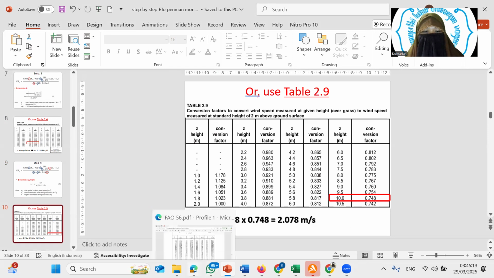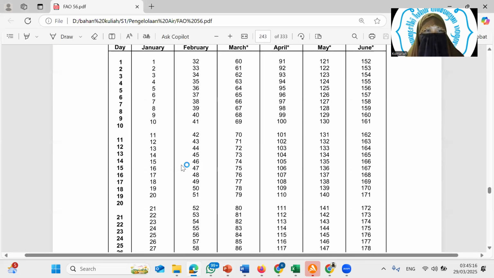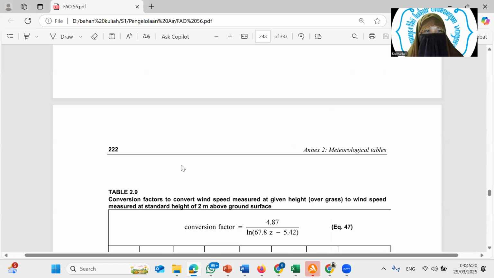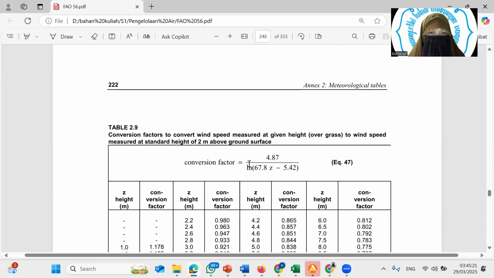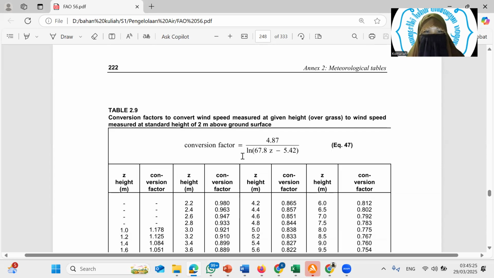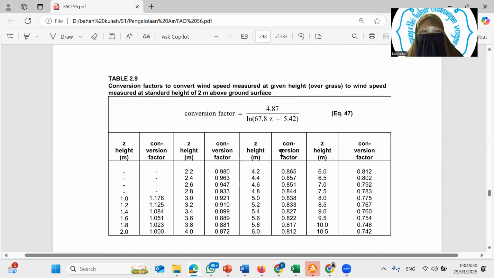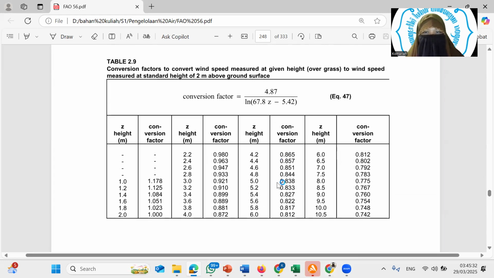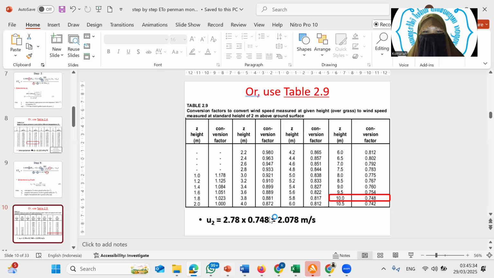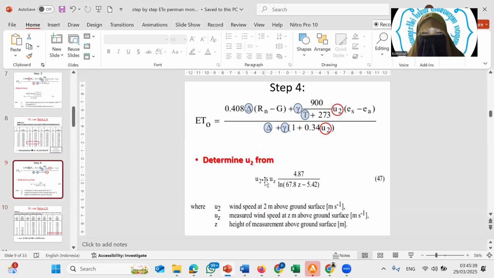If we go to the handbook, table 2.9 should be on page 222. So this is the conversion factor. The formula is still this one. U2 is UZ times conversion factor. So we have to check the conversion factor.